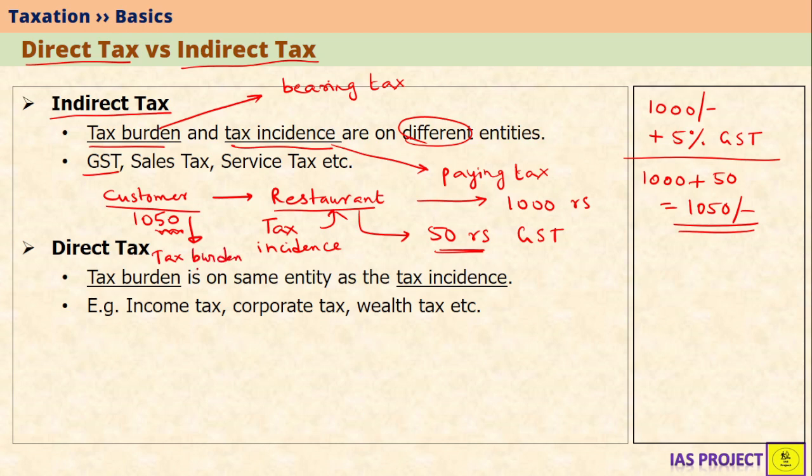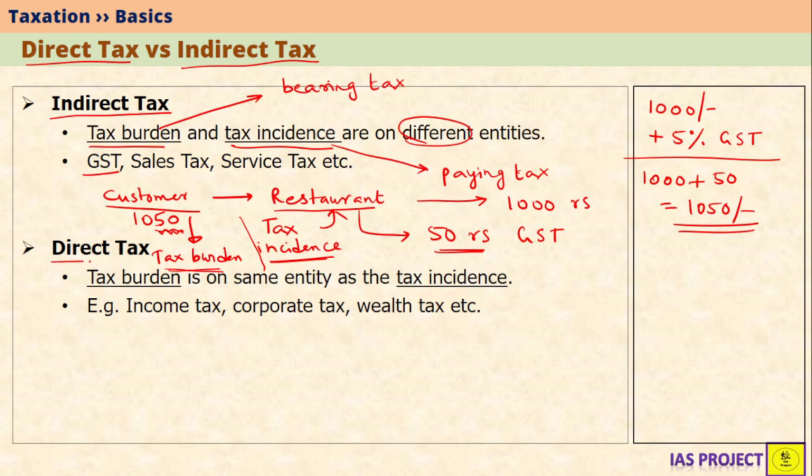I hope this explains the tax burden and tax incidence concept. Tax incidence is on that person or entity who is paying the tax to the government. However, tax burden is on that person or entity who is ultimately paying the tax. In this case, the 50 rupees is ultimately coming from your pocket. So the tax burden is on you, that is, the customer.